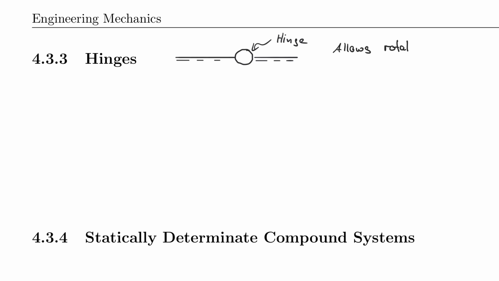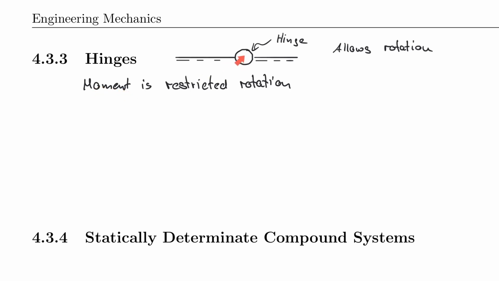And remember from our basics in this class when we talked about the warm-up that rotation is very closely related to a moment, right? So a moment, what was a moment? A moment is restricted rotation. And so if you have a hinge which allows the rotation, then you cannot have a moment anymore, right?